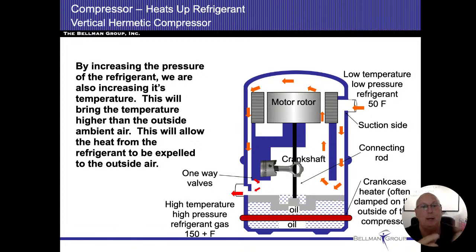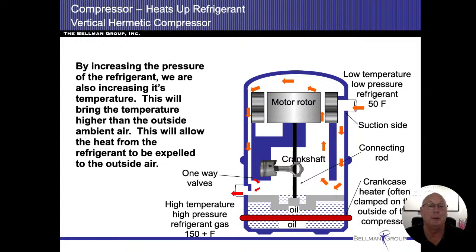So we can only send gas through the air compressor. It comes in at 50 degrees, but once I pressurize it, it's going to leave at about 150 degrees. So just by pressurizing that gas, we increase the temperature by 100 degrees.